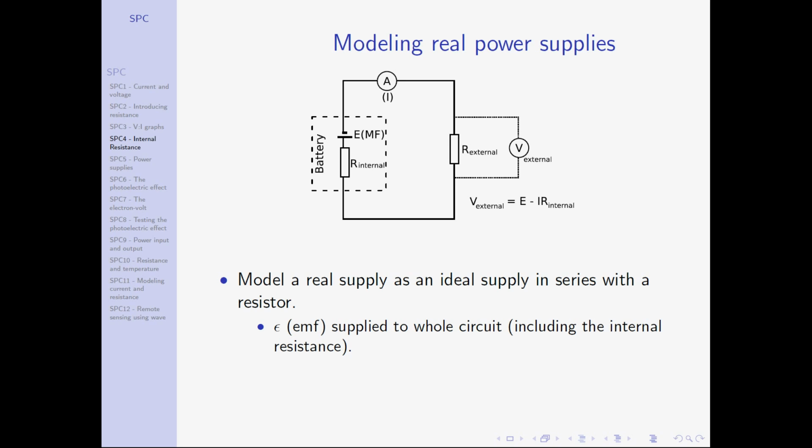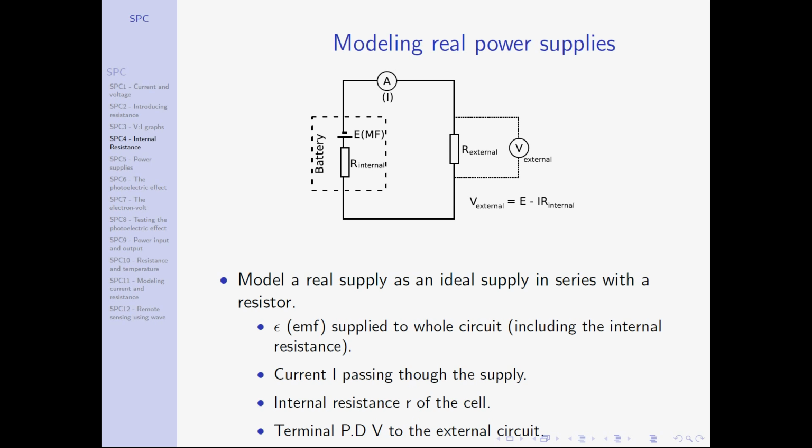And so this EMF, the electromotive force, is the voltage which is output by the ideal cell to the entire circuit. But that voltage has to be shared not only with the external load, so any resistors outside the cell, but the internal load is going to take some of that as well. So if we have some current passing through the supply, and we have an internal resistance which we typically denote with a lowercase r in the cell, and we also have the terminal potential difference.